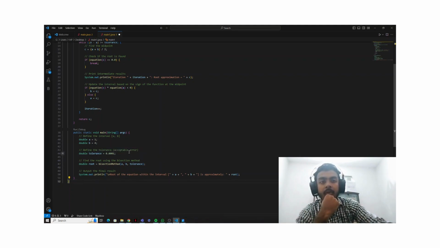We have defined our tolerance, the acceptable error, that is 0.001, which is 10 to the power minus 3. We call our bisection method that is defined above in our code, and then we print our final output with System.out.println, with all this written here as the result.